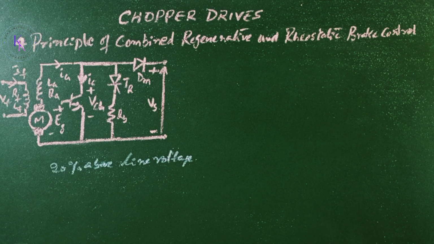In every cycle, the logic circuit determines the receptivity of the supply. If it is non-receptive, thyristor TR is turned on to divert the motor current to the resistor RB. Thyristor TR is self-commutated when the transistor Q1 is turned on in the next cycle. This is how the principle of combined regenerative and rheostatic brake control is going to work.